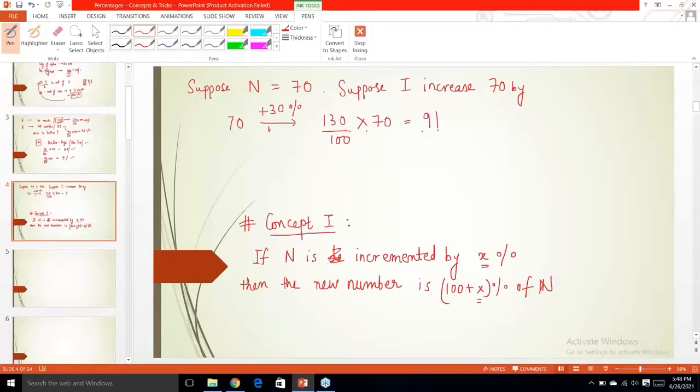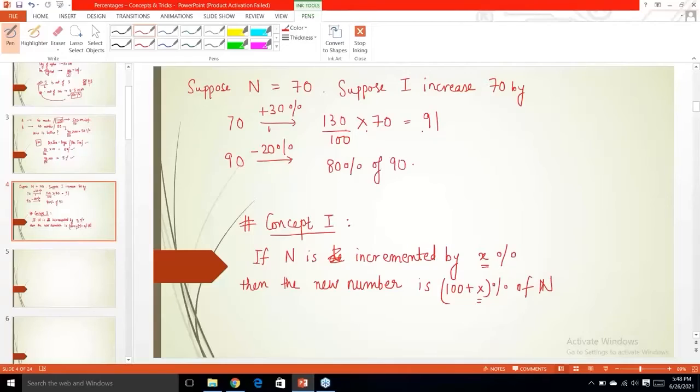And here is your answer directly, 91. In the other case, 90 is decremented by 20%. So what does 90 become? It becomes 100 minus 20%, which is 80% of 90, which is simply 80 by 100 into 90, which is nothing but 72.